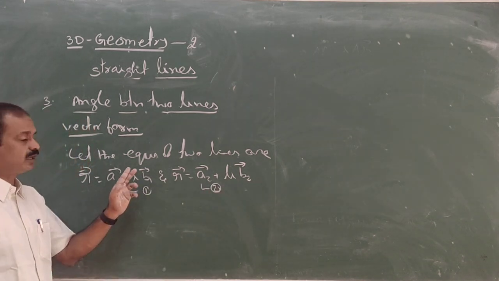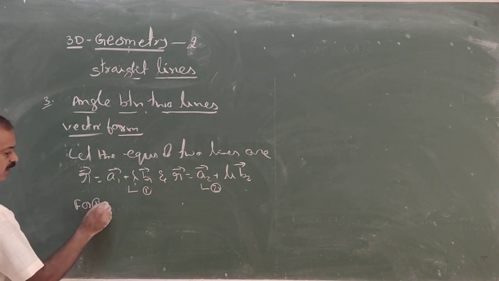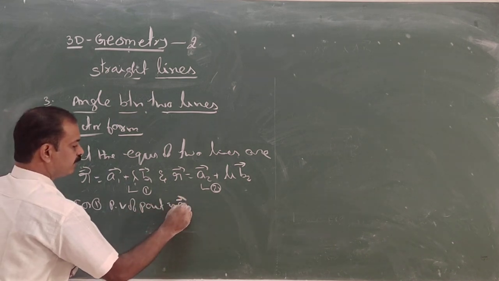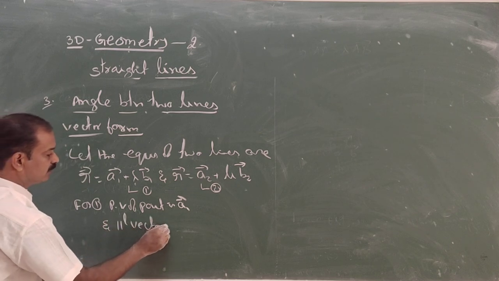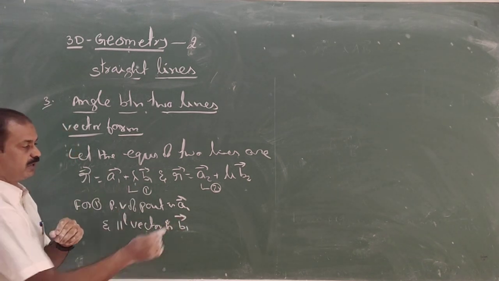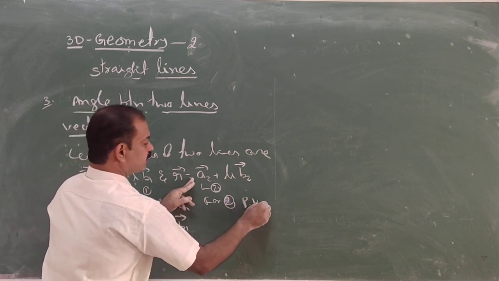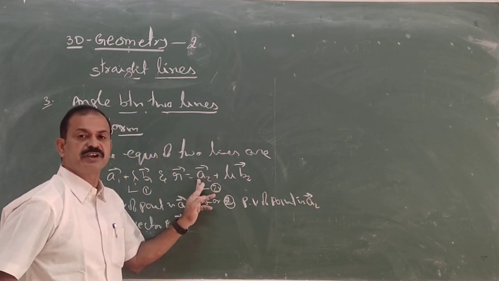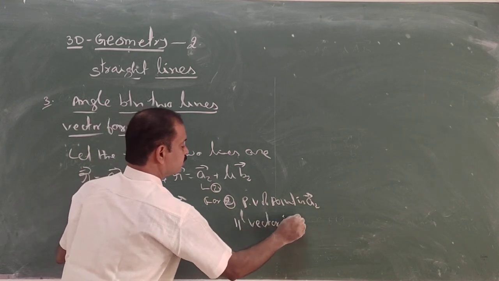What is the position vector and what is the parallel vector? So for line 1, the position vector of the point is a1 and the parallel vector is b1. And for equation 2, the position vector of the point is a2, and the parallel vector is b2.